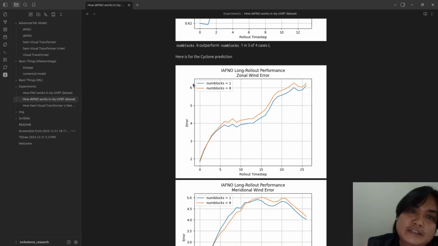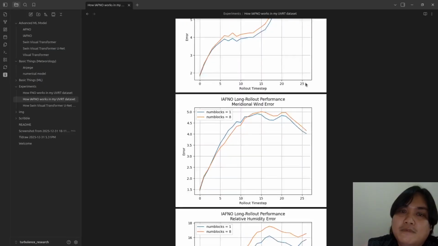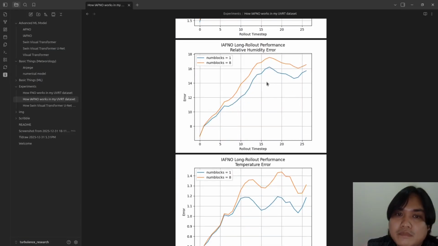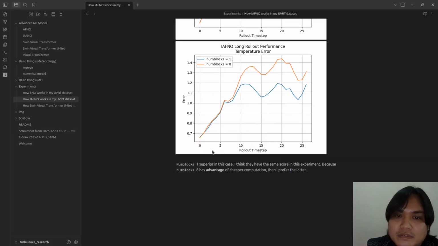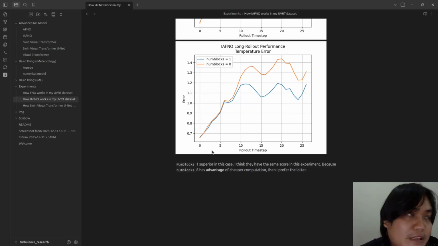And here, for the cyclone prediction, it looks like num block 1 outperformed num block 8. So in the first case the winner is num block 8, and in the second case num block 1. So I think we really need to test the performance of the number of blocks, and we need to increase the test cases.